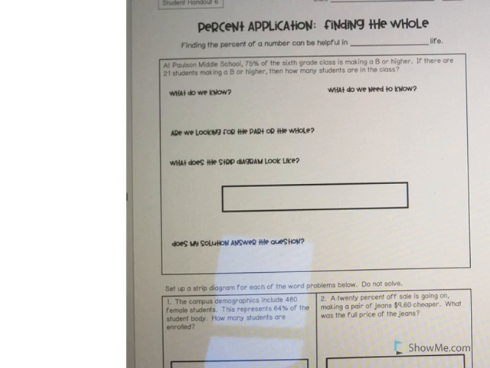At Paulson Middle School, 75% of the class is making a B or higher. If there were 21 students making a B or higher, how many students are in the class? Well, I always start with this, and I know that's 75 over 100 here. Now remember, today we're finding the whole, so that's the question, or the total, and we know there's 21 students making a B. So what works here?